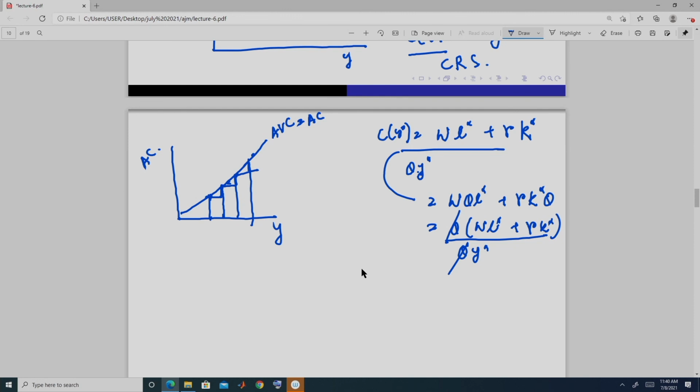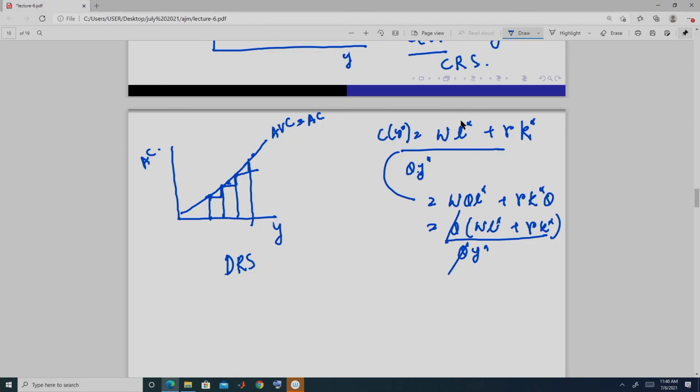Now, if we have decreasing returns to scale, what is going to happen? Suppose you want to increase output by 2 times, then you have to employ labor and capital more than 2 times. So, that means your cost is going to be more. If you want to increase your output by 3 times, then you have to employ labor and capital by more than 3 times.